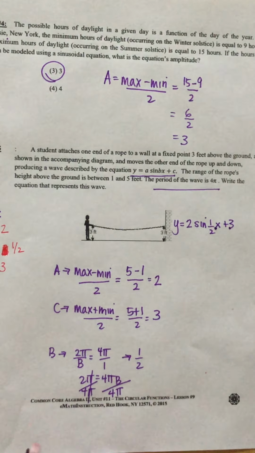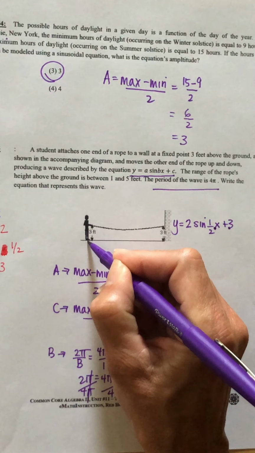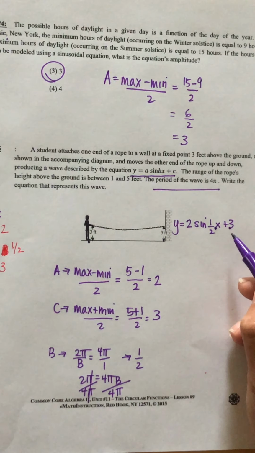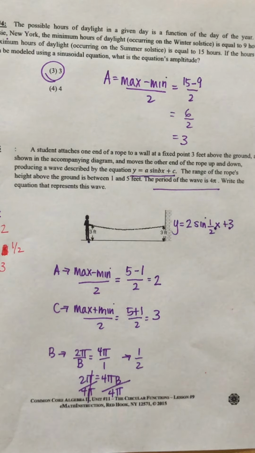So if there was no +3 here, that rope would be on the ground. But we wanted it to go up 3, which means we had to shift up 3. When you get to pre-calc and talk about vertical shifts, you would understand it in 2 different ways. Either C is the midline, so you knew 3 was the midline, or you can interpret it as the shift up from the sine curve's usual starting point.